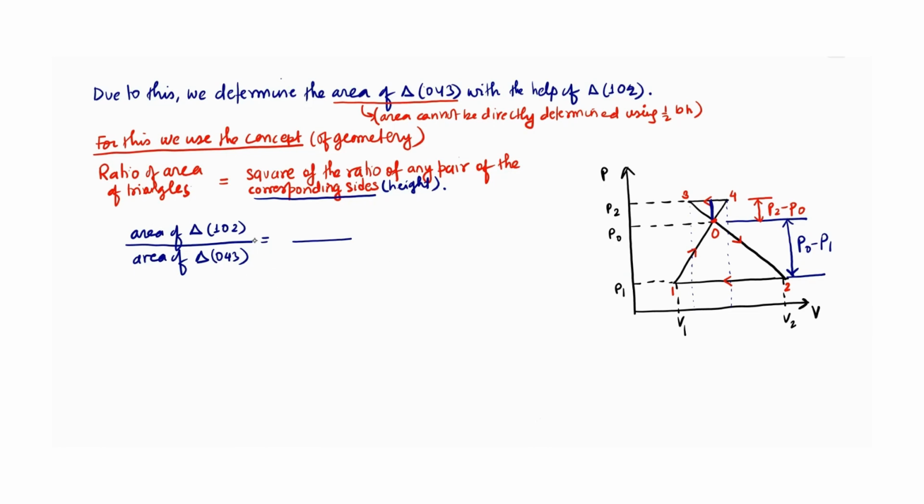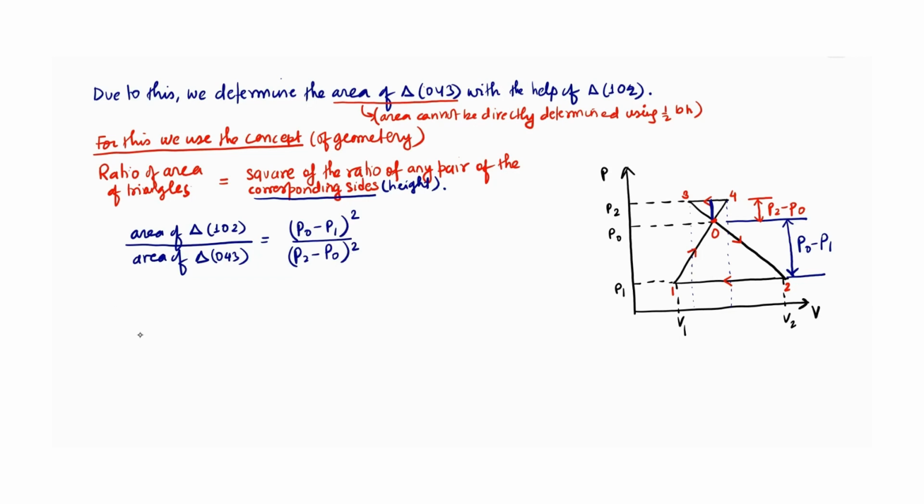So we have P0 minus P1 whole power 2 divided by P2 minus P0 whole power 2.